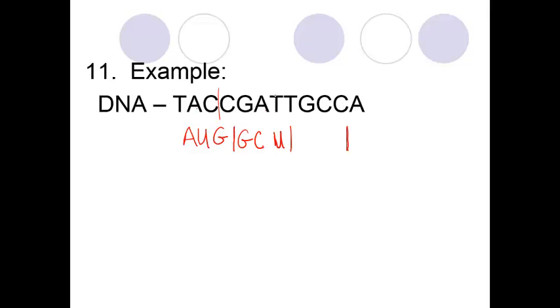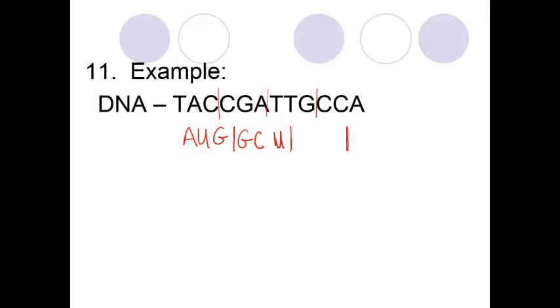And if the line of letters is kind of long, you can always break these up into 3s as well, and that'll help you not to get lost in the middle, because if you skip a letter, it could make things more difficult as we get into making our proteins.